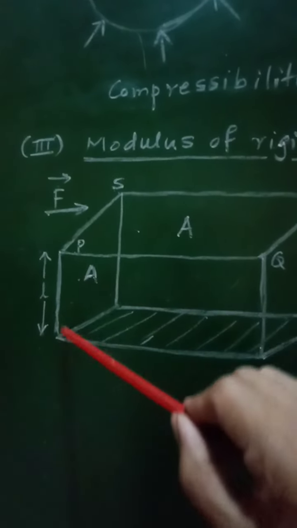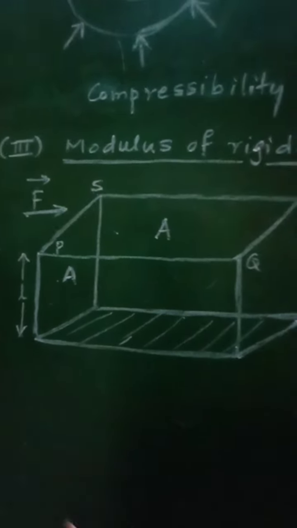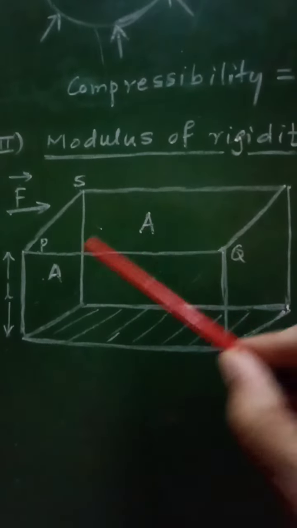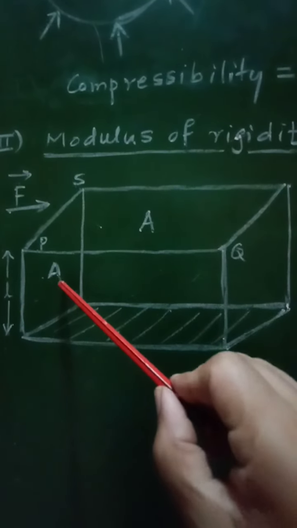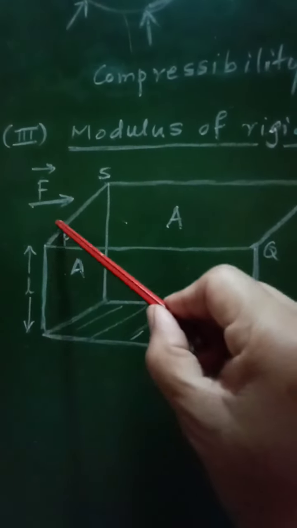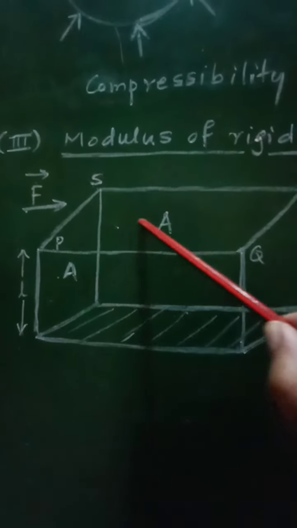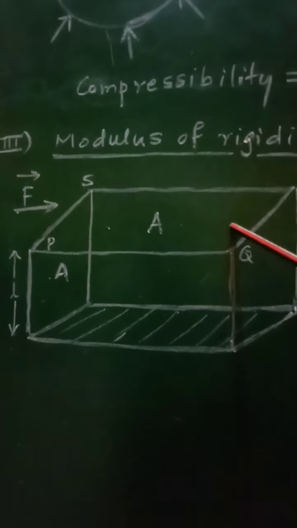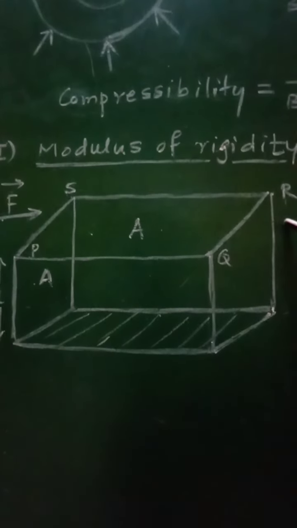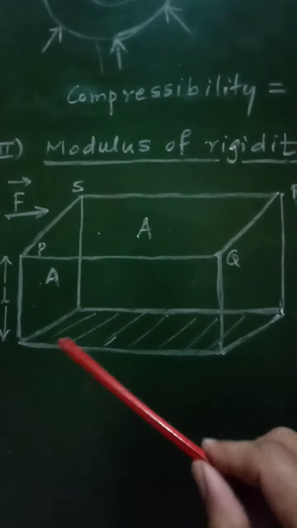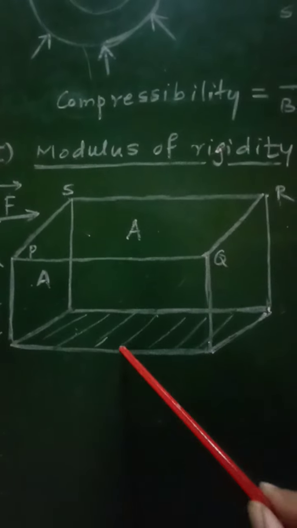Let L be the length of this cube, and each surface has surface area A. Now the force F is applied tangentially on the upper layer, so that this layer gets displaced in the forward direction with respect to the bottom layer.